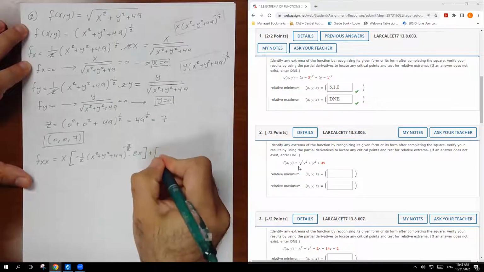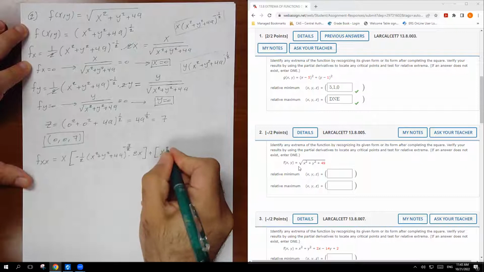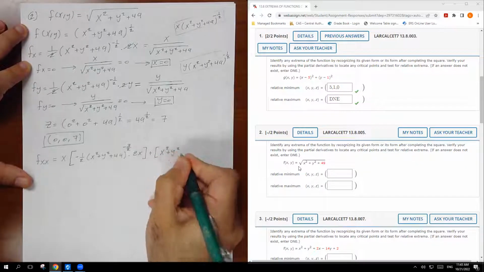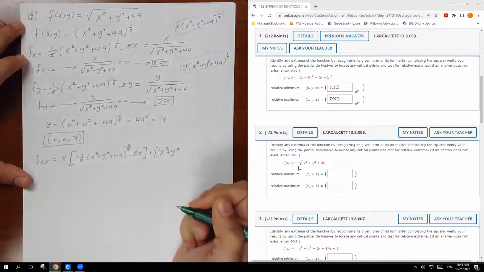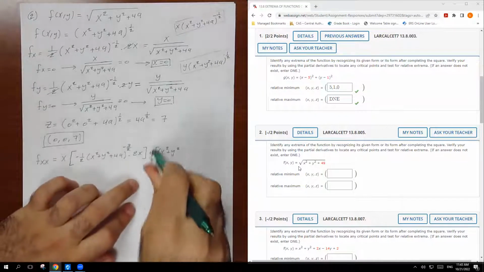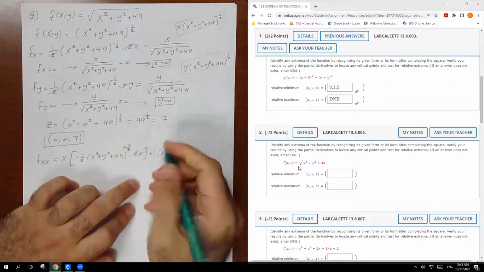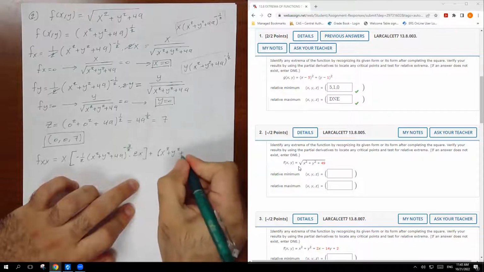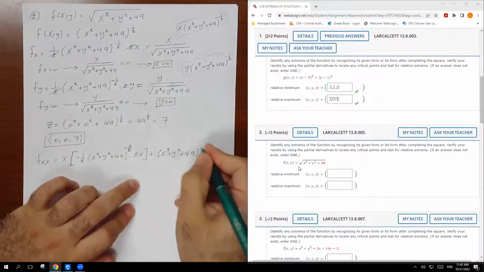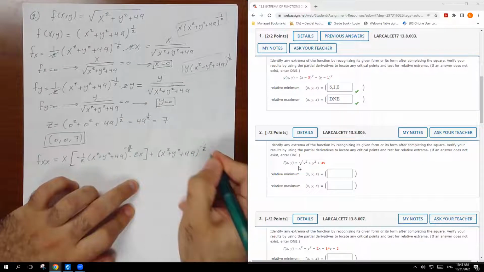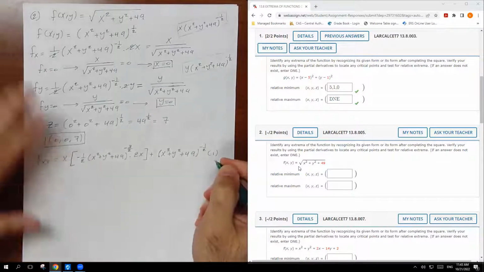So here's the second one, which is (x squared plus y squared plus 49) to the negative half, times the derivative of the first one, which is 1.